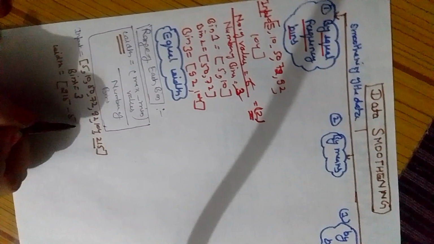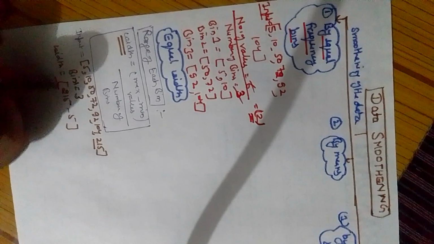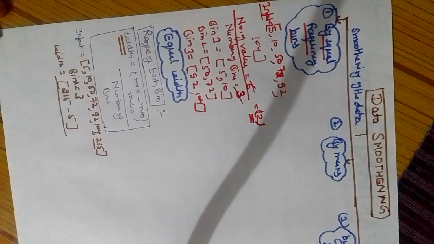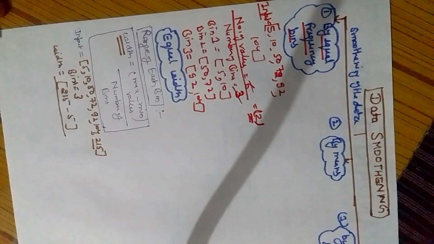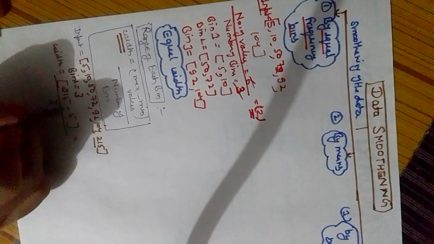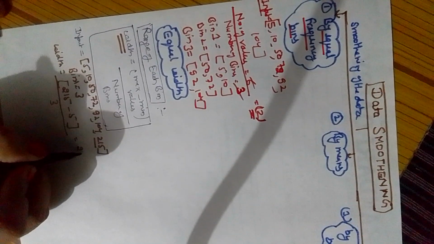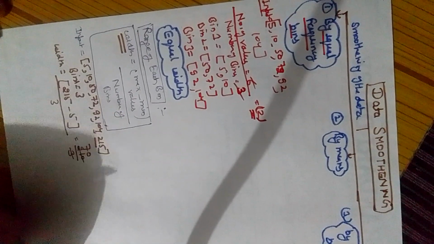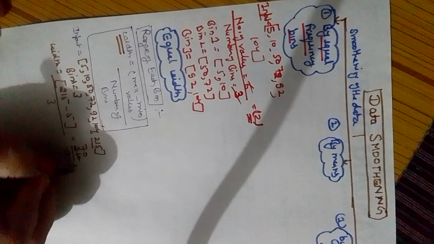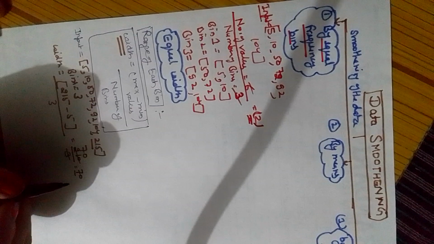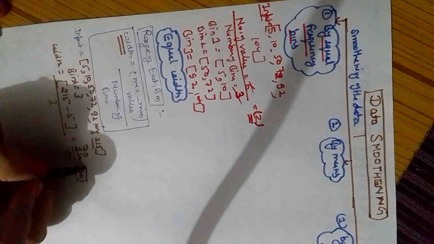The number of bins is 3. So 215 minus 5, how much is it? 210 divided by 3. 3 sevens are 21, so 70. So our first value came to 70.